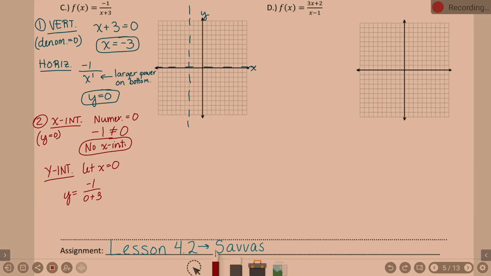Negative 1 over 0 plus 3 is going to become what? Negative 1/3. If you want that word pair, it's 0, comma, negative 1/3. Okay. 0, negative 1/3 is what? From the origin, left to right, 0 and down 1/3 of a box.